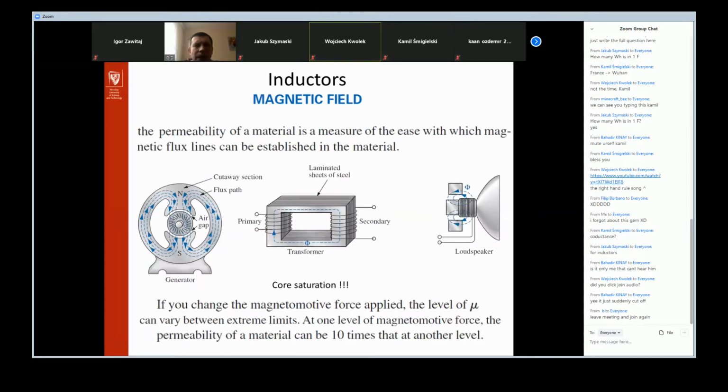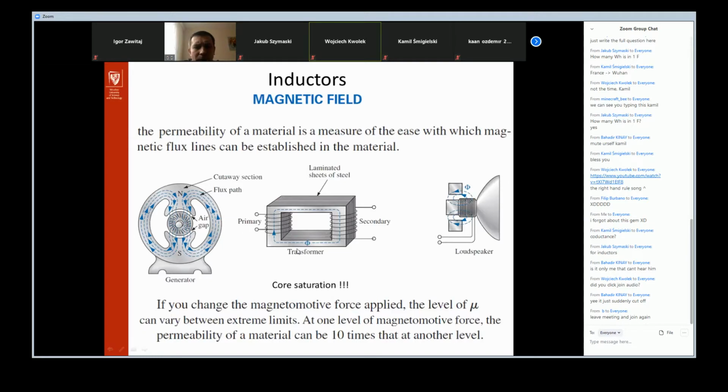The permeability of the material is commonly used in a lot of electronic devices like the transformer, generator, and the sound speaker, for example. Without this material, we wouldn't have transformers. Why? Because, as you see, this is a typical transformer.